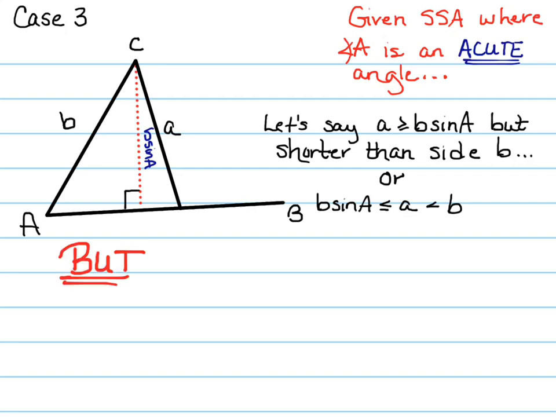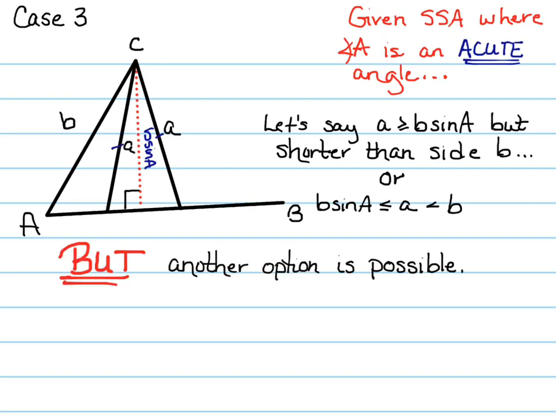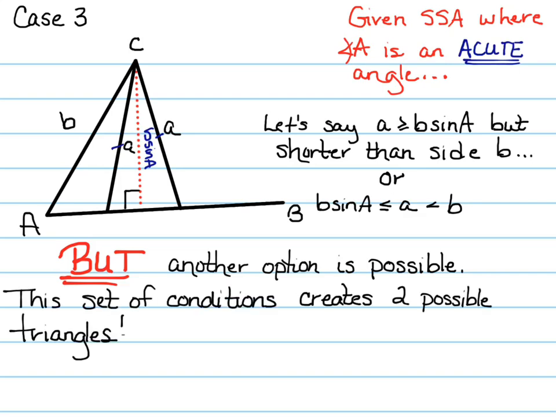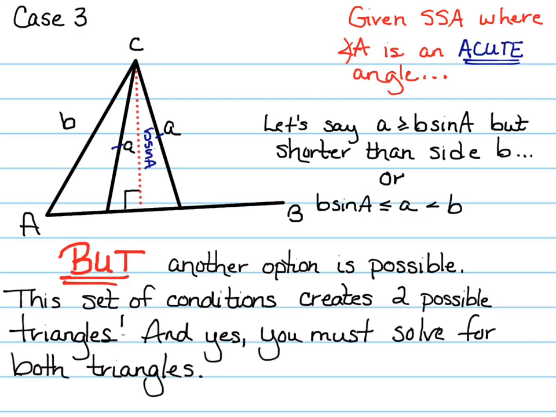Or we can swing that arm around and create another triangle. That triangle would have an obtuse angle in it, and this set of conditions creates two possible triangles. So if A is not the longest and it's not the shortest, it's in the middle, and side B is the longest, then two triangles do exist, and yes, you must solve both triangles. I know that doesn't thrill some of you, but that's just the case.